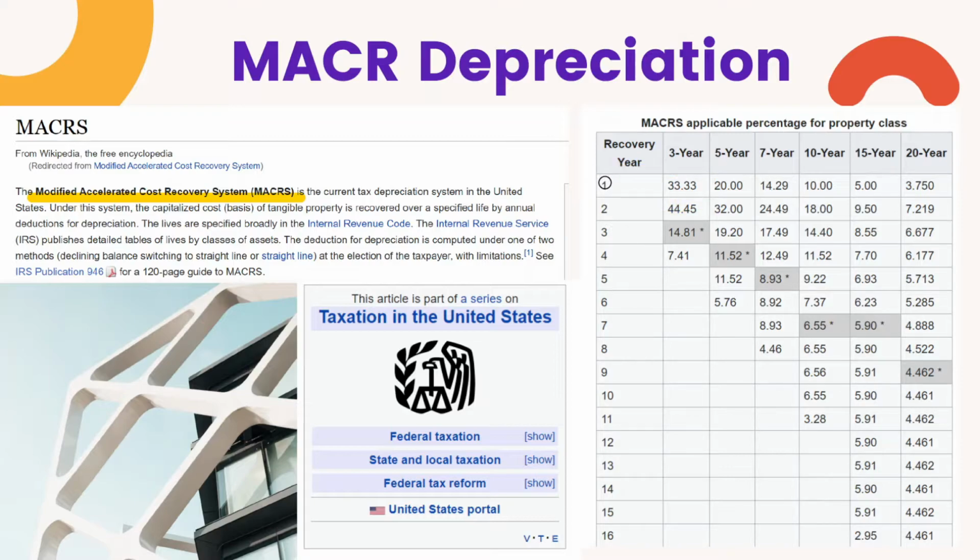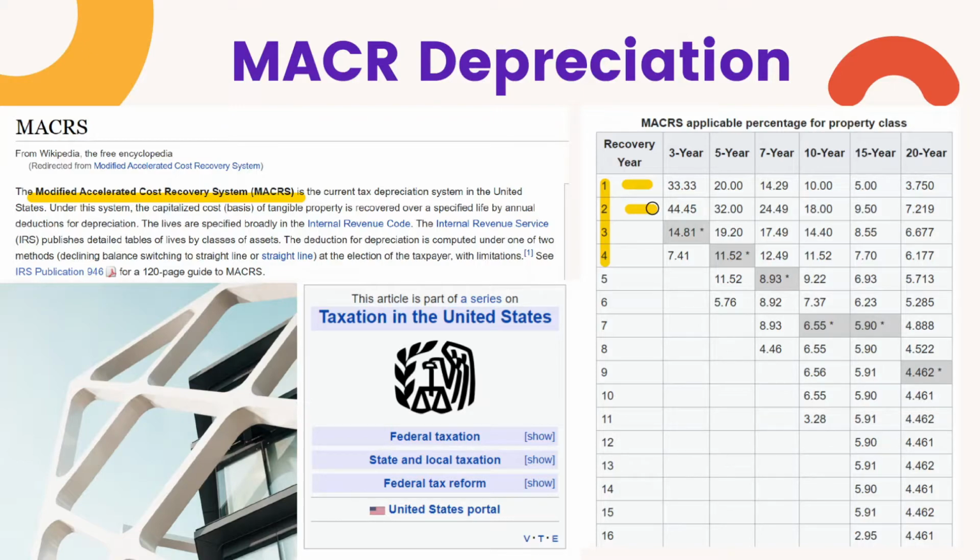Comparing to a straight-line depreciation of 4 years, the depreciation each year will be the same. It is equal to 1/4 or 25%. So we see that in the first year, 25% will be less than 33%. 25% in year 2 will also be less than 44%.